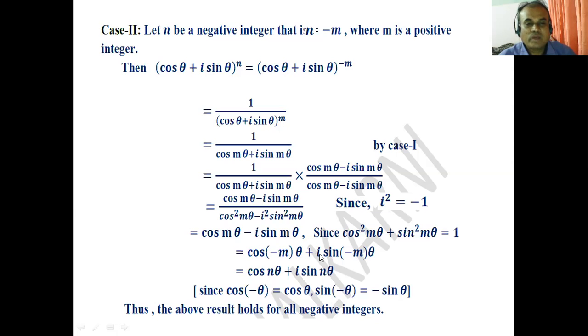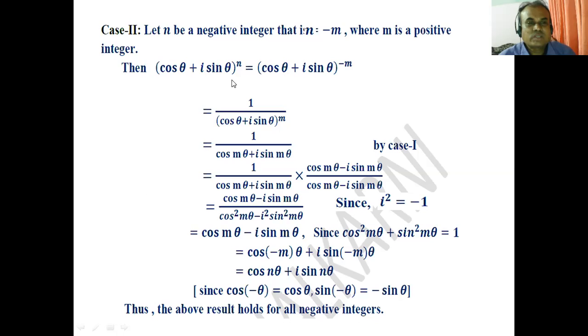So we put the values: cos of minus m theta plus i sin of minus m theta. This is the trigonometric formula that we use. Now since n is negative, we put minus m equal to n, so cos n theta plus i sin n theta.